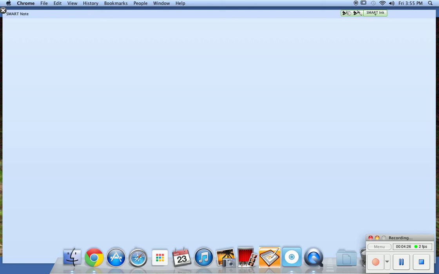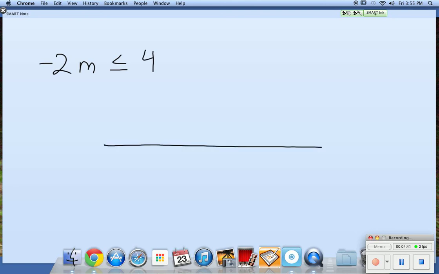Let's try this again. Let's say we have negative 2m is less than or equal to 4. I'm going to draw my line graph, but if we were to put a number in for this, let's say m equals 3.